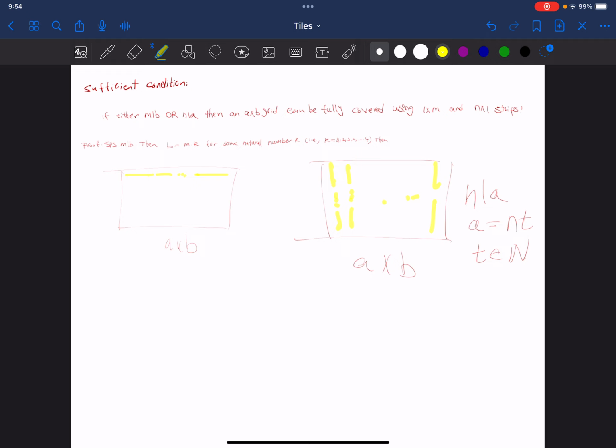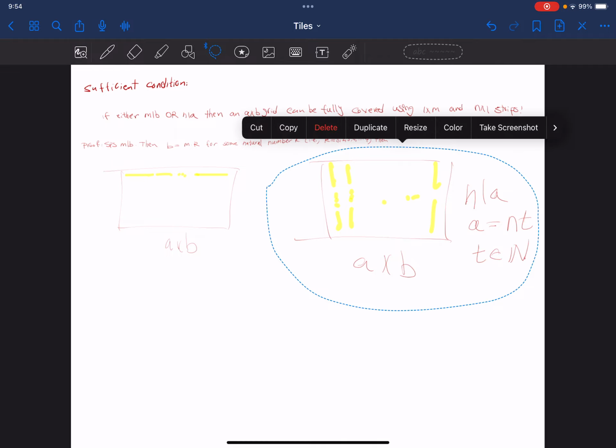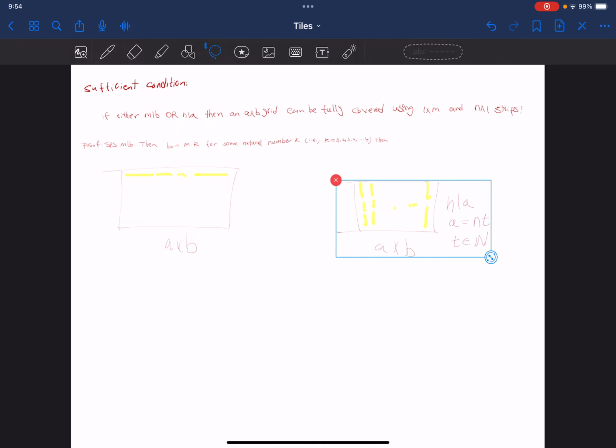And that gives a full covering, right? It's true that I didn't use the horizontal subgrid that I had, but the question is really not asking you about the number of them. It's just whether we could cover or not. If N divides A, yes, we could cover the grid using the two strips that we are given, even though we are just using one of them.